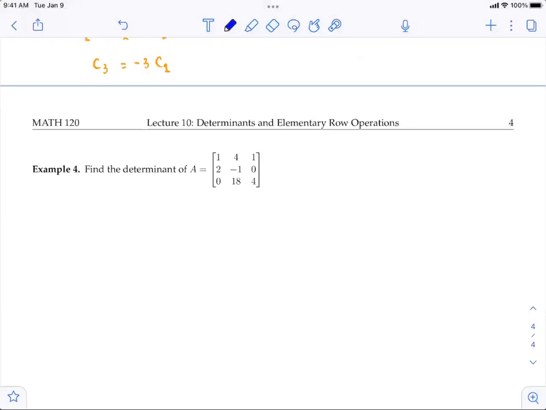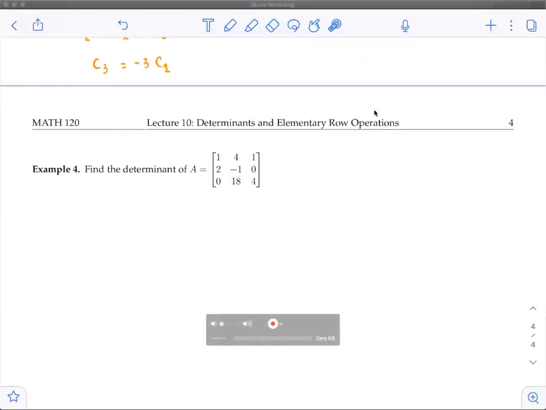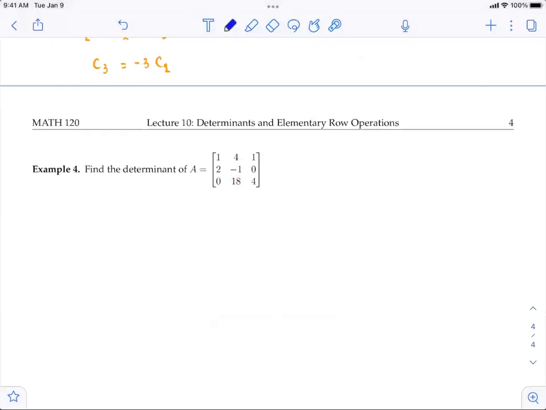So what do we do here? We want to find the determinant of matrix A.